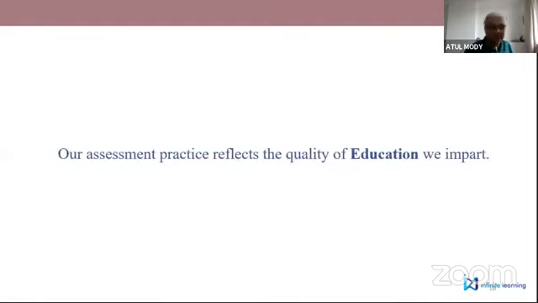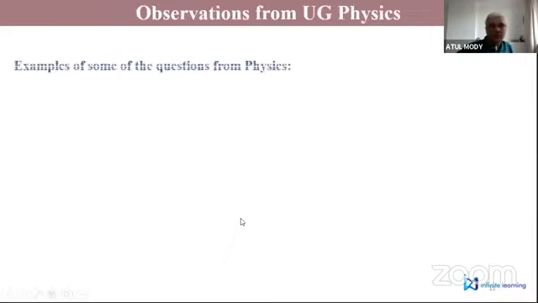And of course, our assessment practices will reflect the quality of education we impart. So a student scoring 75% but not confident tells you about the quality of education he has been made to go through, or the kind of teaching or the assessment done by his teachers or university. And that's basically what I would like to talk about.